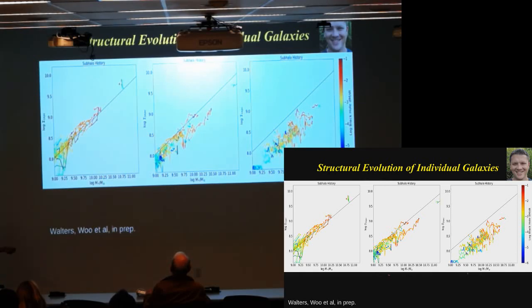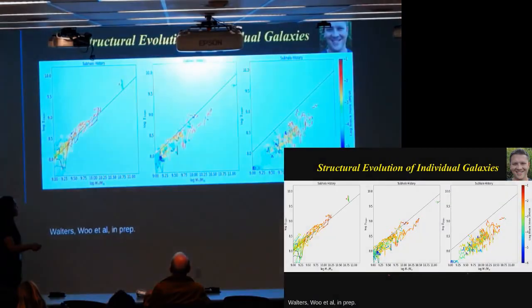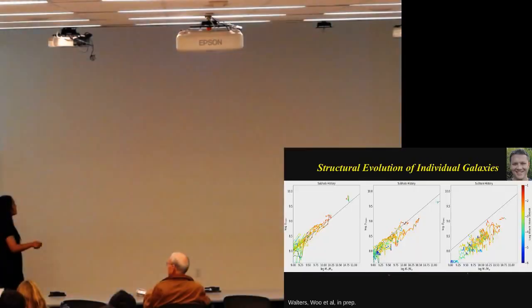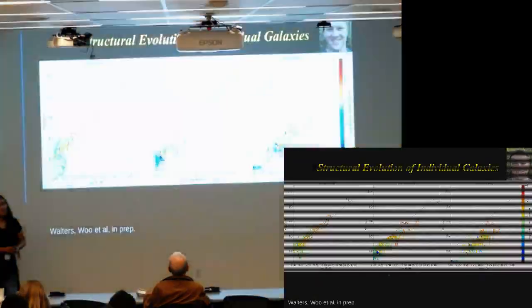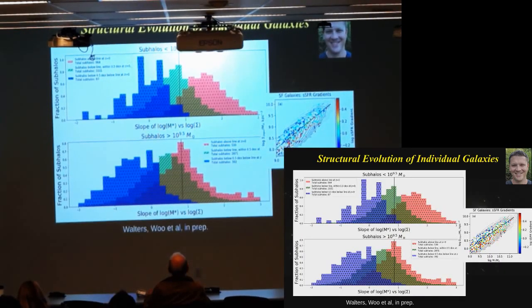These are the galaxies that end up right in the middle of the relation, and their trajectories are more or less following the relation. And then these are the galaxies that end up substantially below the relation, and they have trajectories that are flat or even negative, meaning they decrease their sigma 1. So he summarized all of these trajectories by plotting the histogram of the slopes of the trajectories.